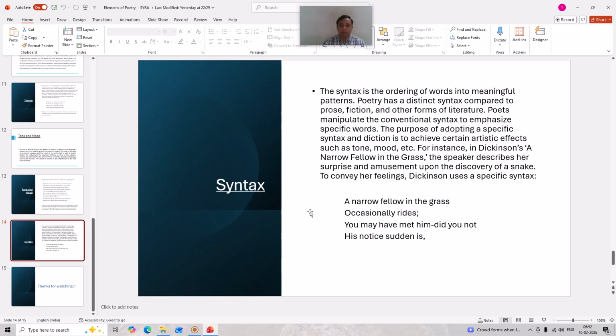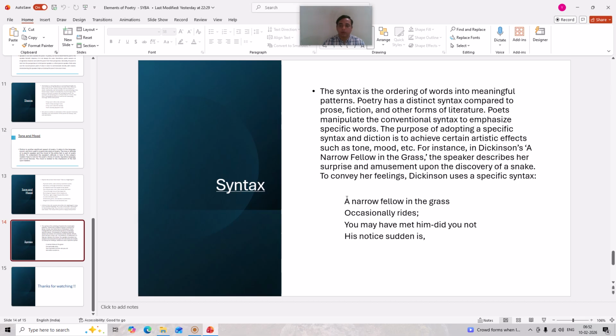The next element of poetry is syntax. Syntax is the ordering of words into meaningful patterns. Poetry has a distinct syntax compared to prose, fiction, or other forms of literature. Poets manipulate conventional syntax to emphasize specific words.